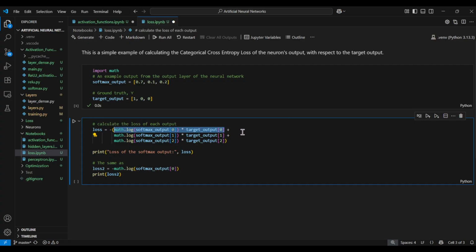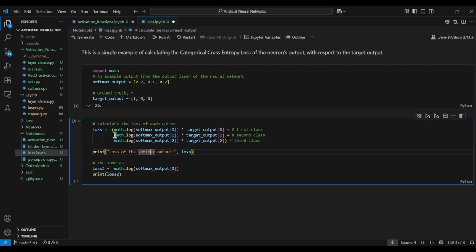This is for the first class, this is for the second class, and this is for the third class. Of course, there are three possible classes. So we need to calculate the loss of each of these classes in order to determine the overall performance of the neural network. We are not only calculating the prediction of your model for a single class, so we need to get the overall performance.